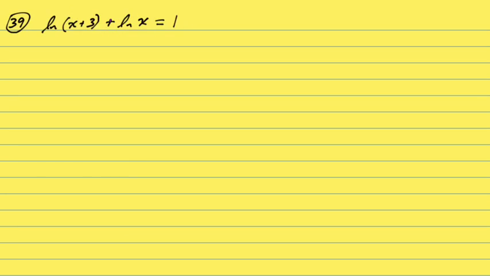39. There is a plus. That means I probably need to use this identity or property. So basically the plus is going to make it into multiplication: x times x plus 3. To get rid of the natural log, you use its inverse function, which is e.